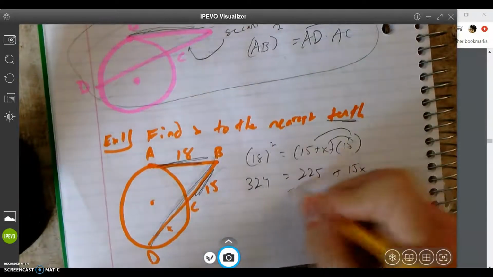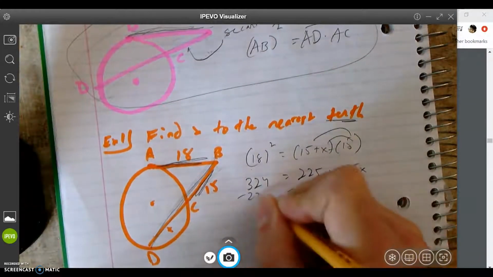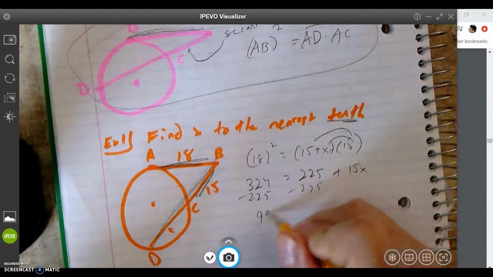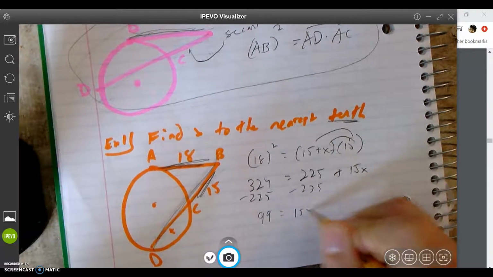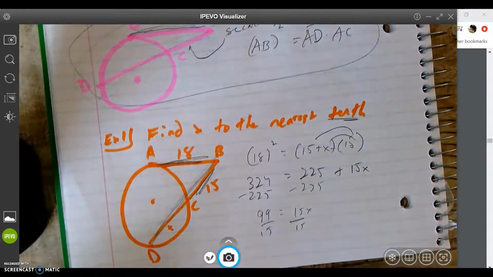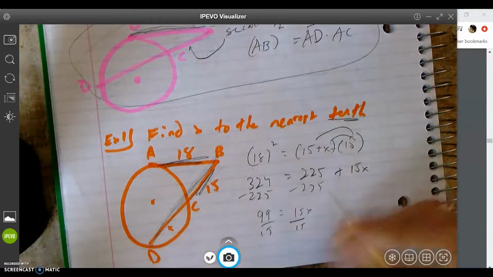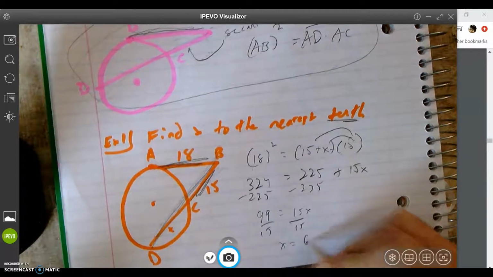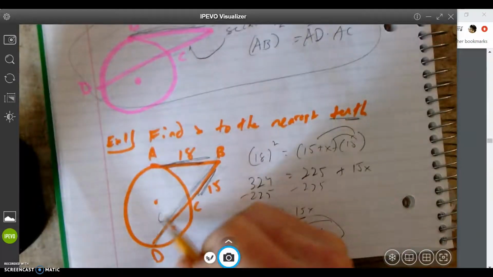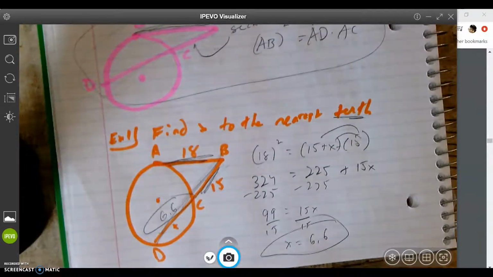So now we're going to subtract 225 to solve for x. Easy, easy. So 324 minus 225 is 99, is 15x. So I'm going to divide by 15 right there. Divide by 15. And I get x equals 6.6 to the nearest tenth, and that is the tenth. There you go. So this is 6.6 right there.